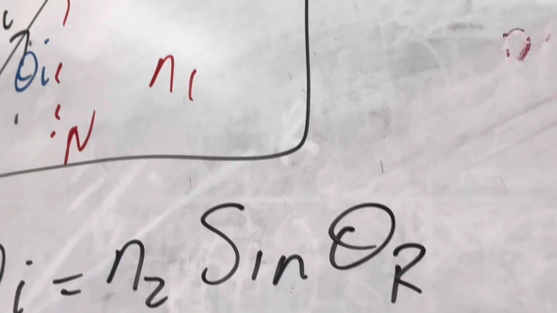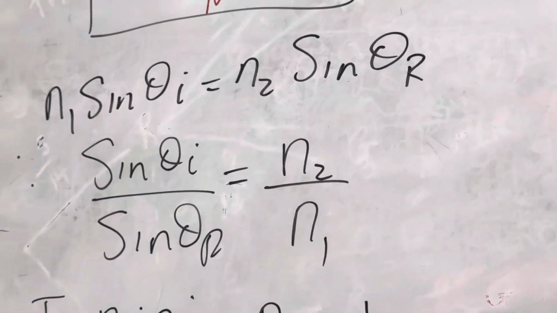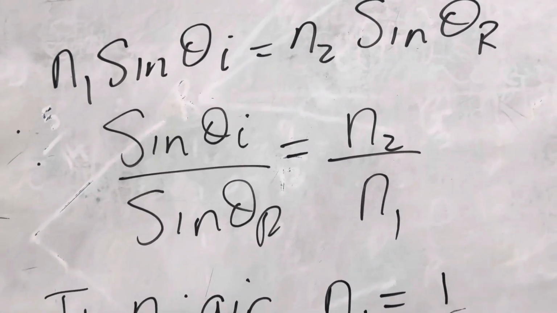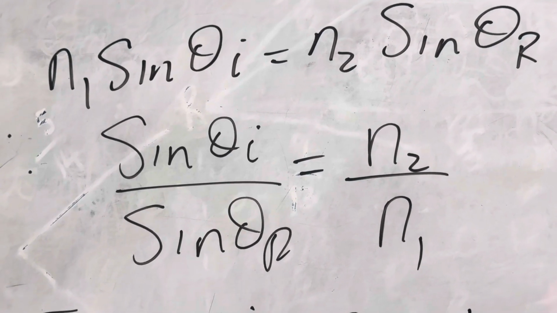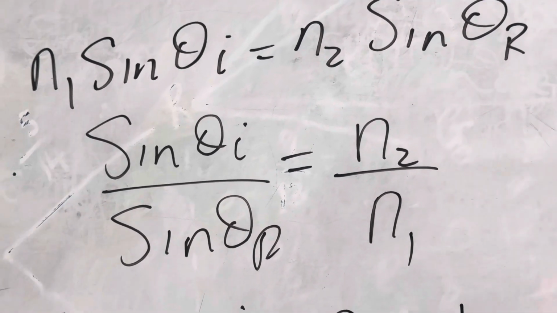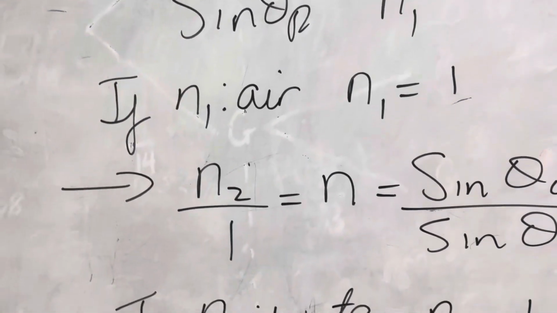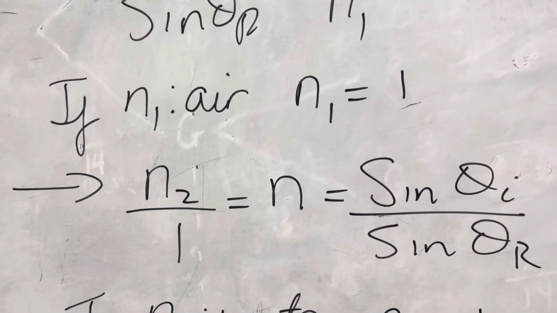So if I was to write out an equation and I use N1 and N2 for air and glass, I will end up with sine theta I divided by sine theta R equal to N2 over N1. And this will mean that if N1 is air, N1 is equal to 1.